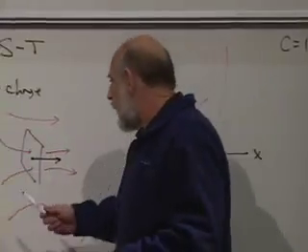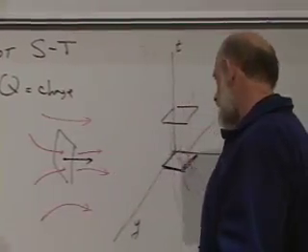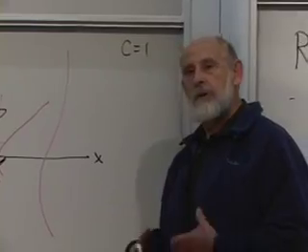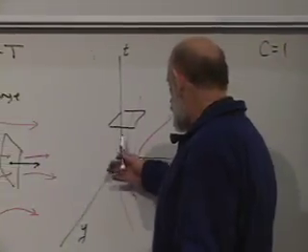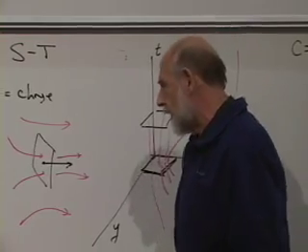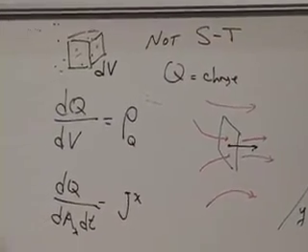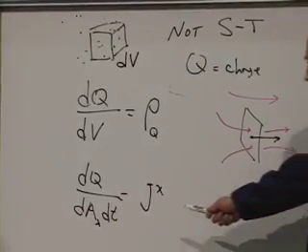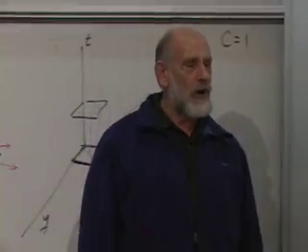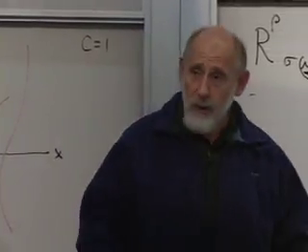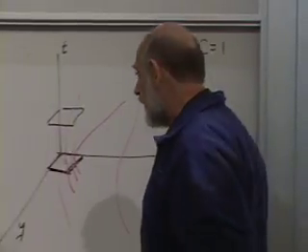So both the flow of charge and the density of charge are components of a single thing, a flow of charge through various kinds of windows. This window is a space-space-space window. This window is a space-space-time window. There are no windows which are time-time-space because there's only one direction of time. So this is all the kinds of windows there are.